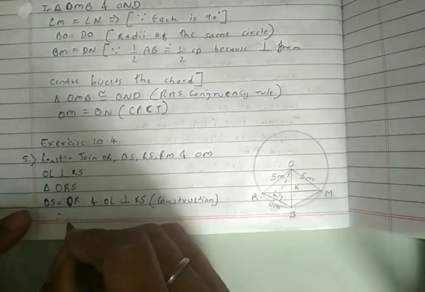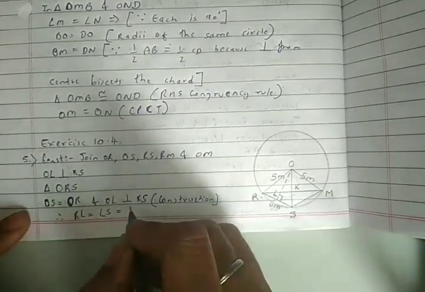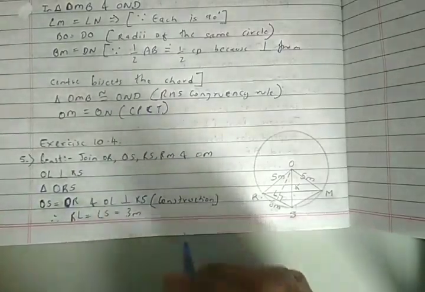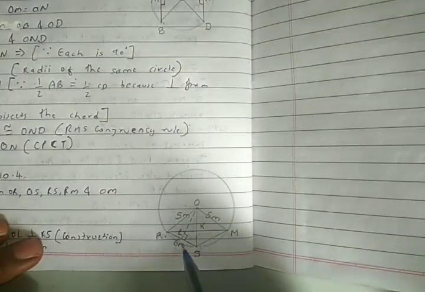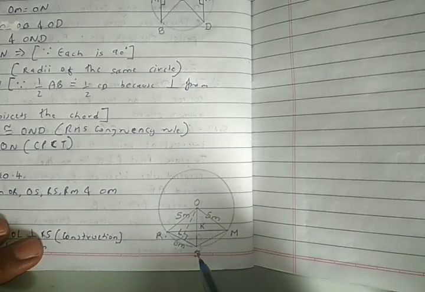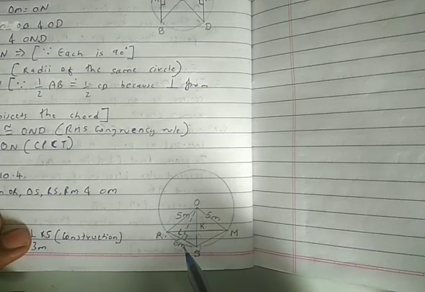Now therefore RL will be equal to LS equal to 3 meters. Now if we take this triangle OLS, we have this dimension OS, we have this dimension LS, so we will get dimension of OL by using Pythagoras theorem.